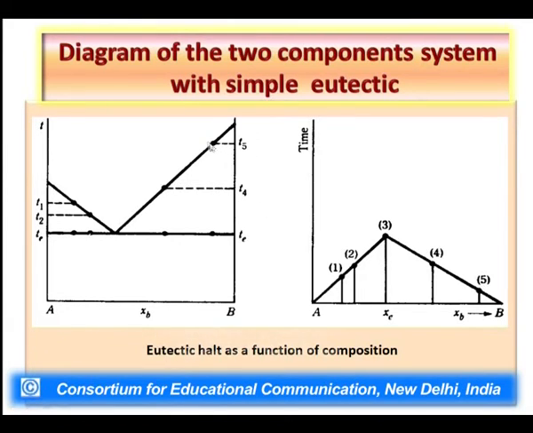Suppose T5 is the point which represents the composition of the liquid mixture which you are trying to cool.